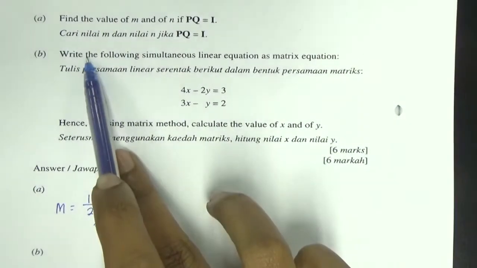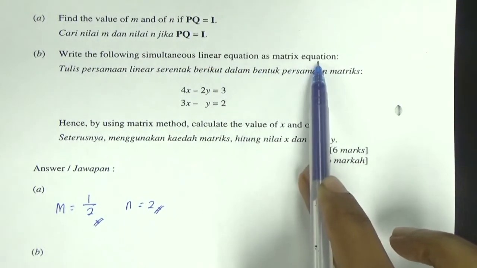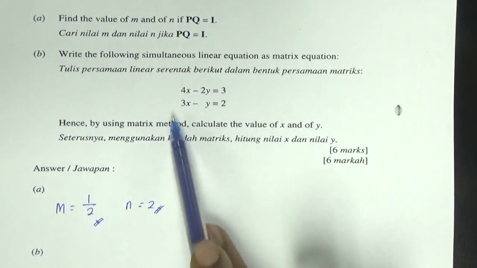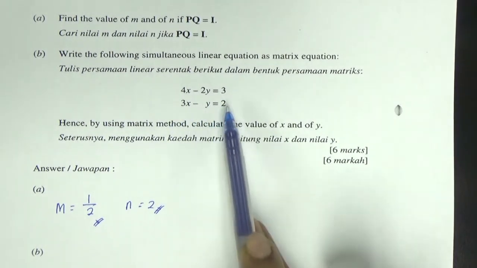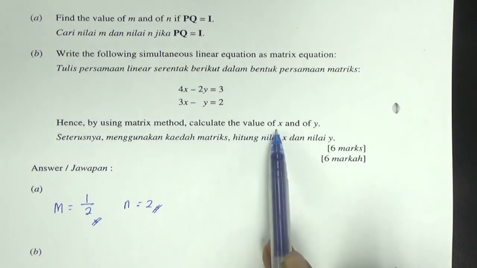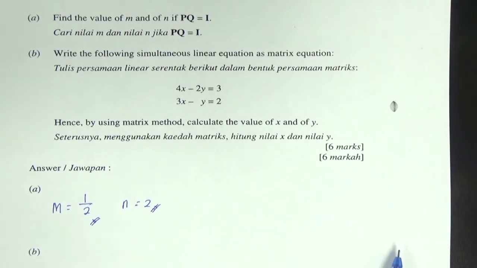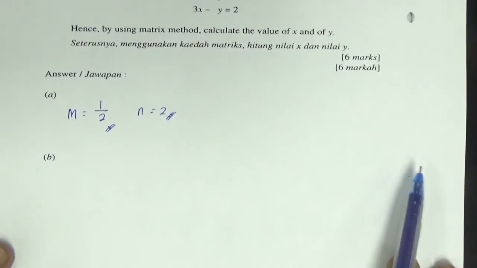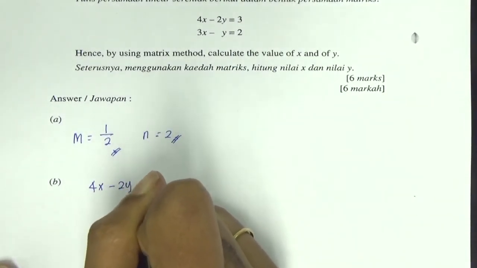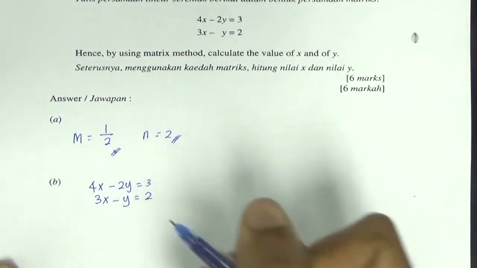8B. Write the following simultaneous linear equations as a matrix equation: 4x minus 2y equals 3, 3x minus y equals 2. And by using the matrix method, calculate the value of x and of y. Okay, so let me write it back. The equation here, 4x minus 2y equals 3, 3x minus y equals 2.